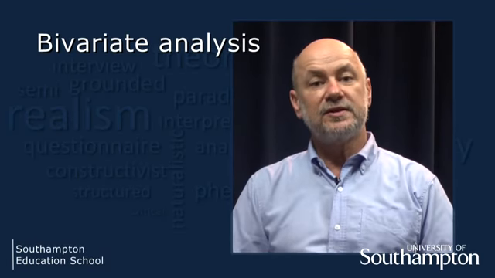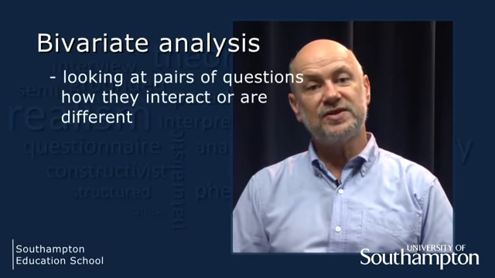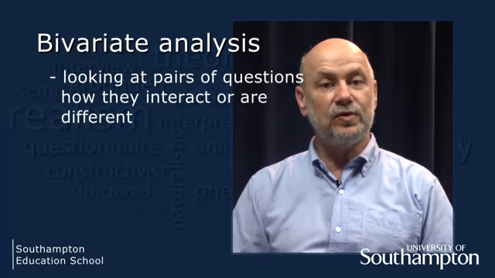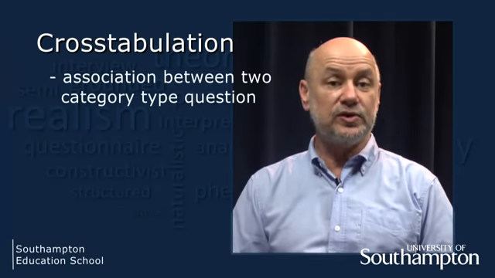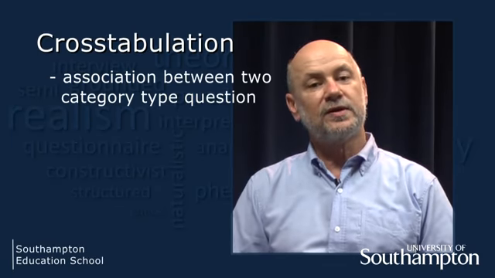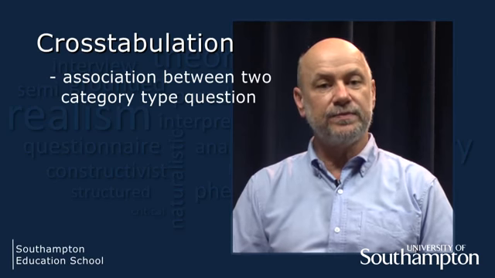The next step in my description of my questionnaire data is to do a bivariate analysis. This involves looking at pairs of questions and seeing how they interact or how they are different. A cross-tabulation lets me look at the association between two category type questions. For example, gender and age.